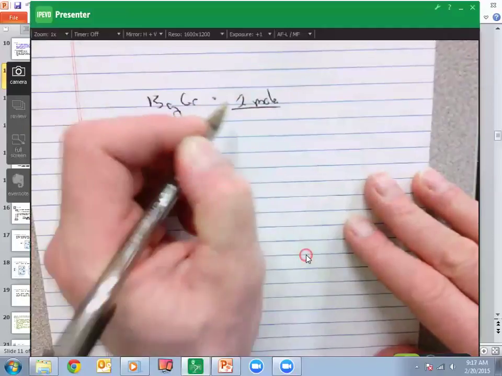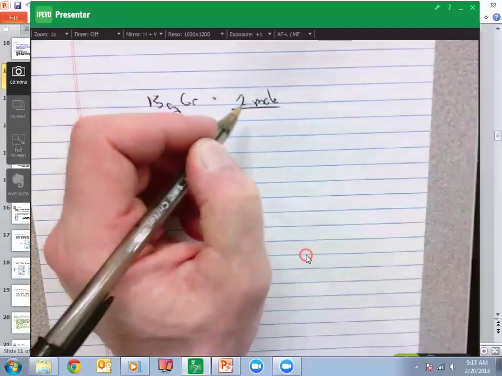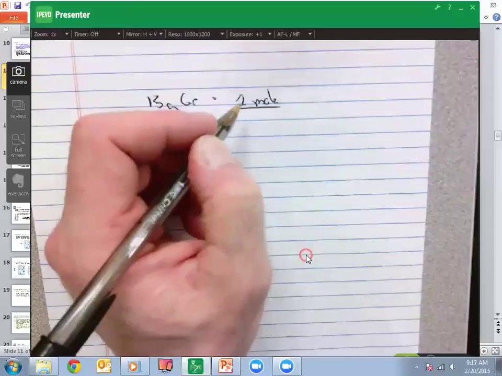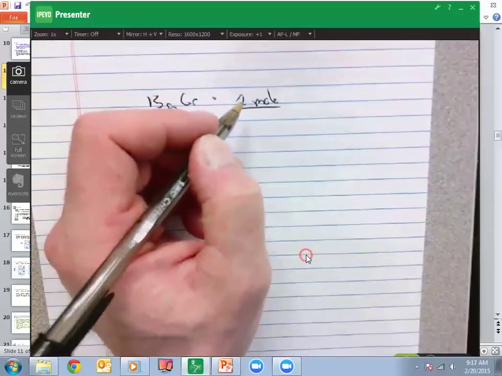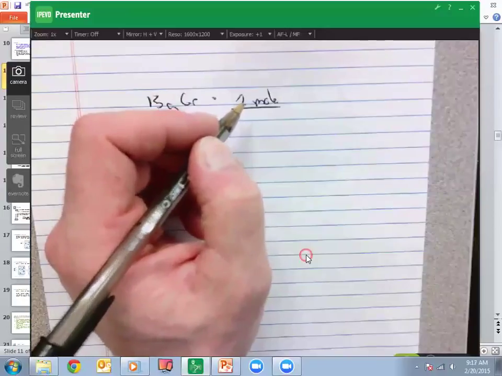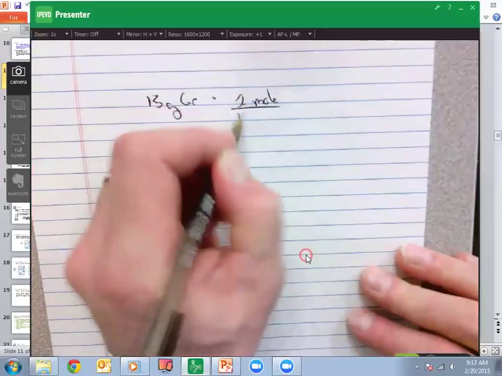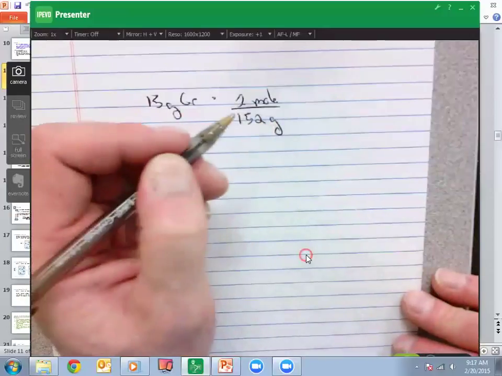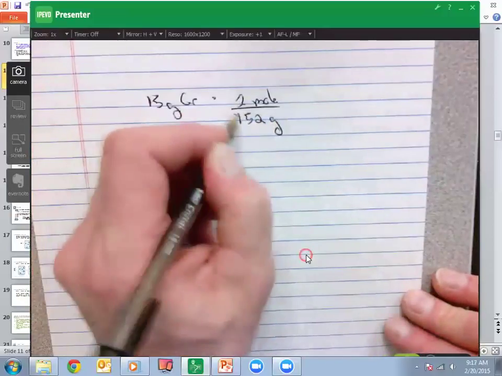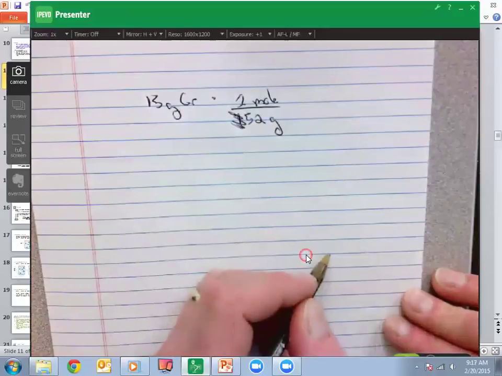It's true that 1 mole of chromium does in essence equal 52 grams.